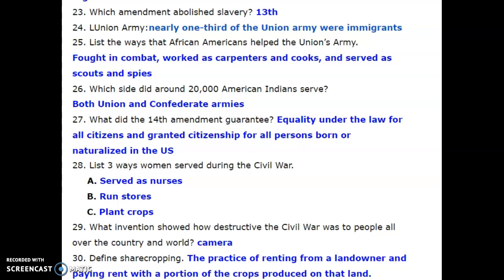Number 29, what invention showed how destructive the Civil War was to people all over the country and world? And that was the camera. The camera, by the way, especially Matthew Brady, who became a very important photographer during this time period, when they would display photographs of the battlefield in museums and galleries in the North, people could see firsthand just how destructive and horrific this war really was.